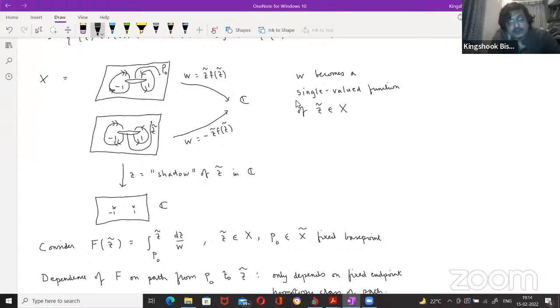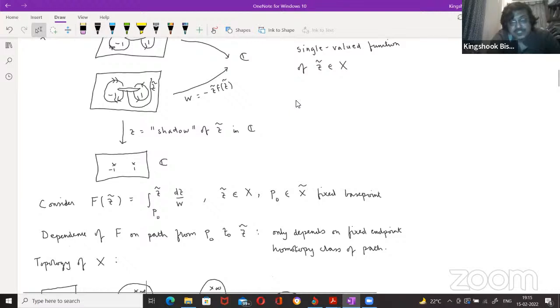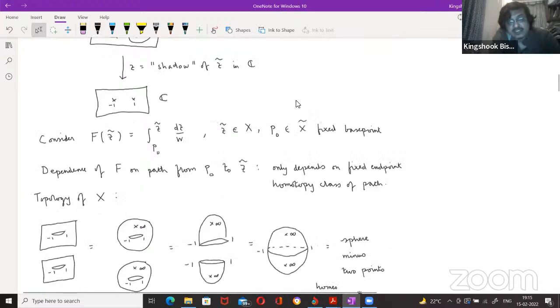Now you may ask, what about the dependence of the integral on the path? Well, we're integrating a holomorphic function here, dz over W. So Cauchy's theorem tells us that the integral will depend only on the homotopy class of the path as we let it vary with fixed endpoints.